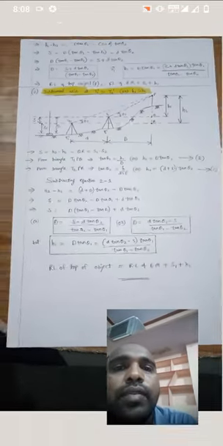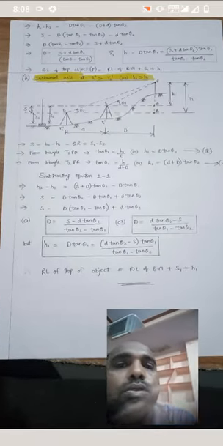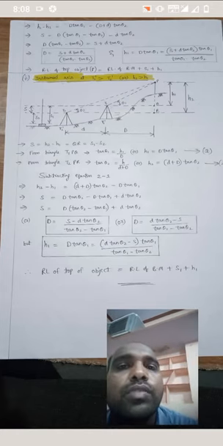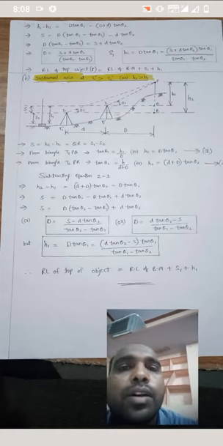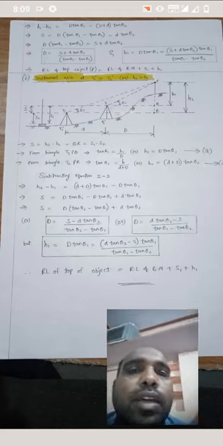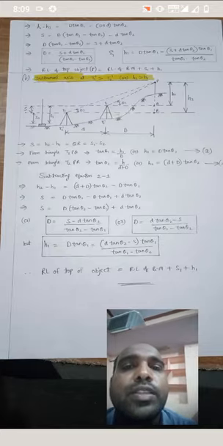So by equating H1 minus H2, finally we will get D equal to S1 plus small d tan theta 2 by tan theta 1 minus tan theta 2. So finally we find the RL of the top of the object P: RL of benchmark plus S1 plus H1, we will get it.